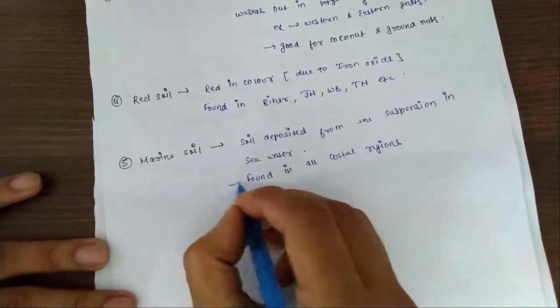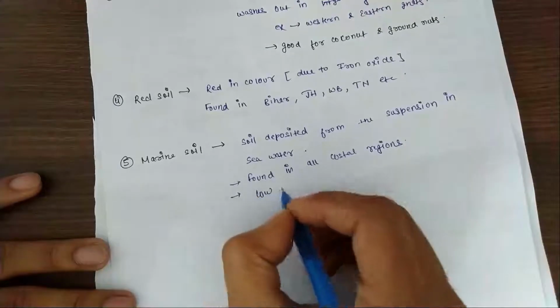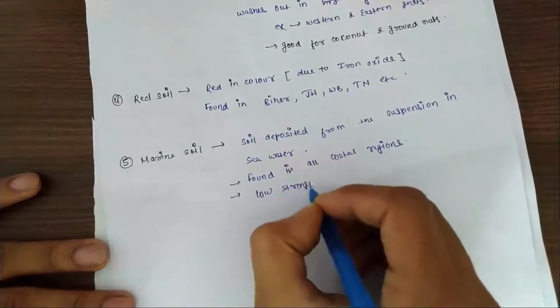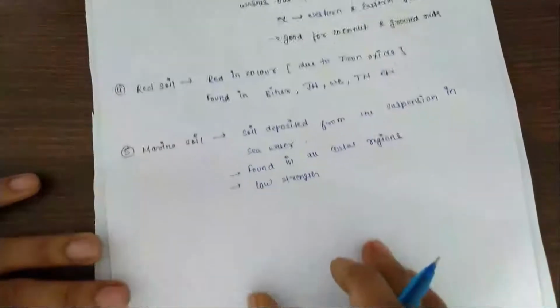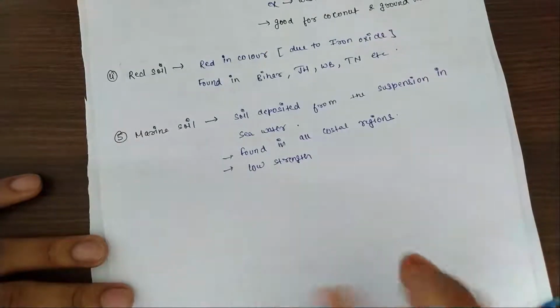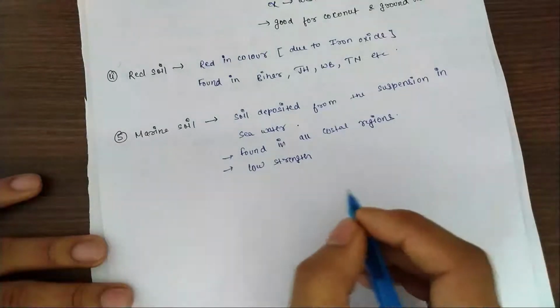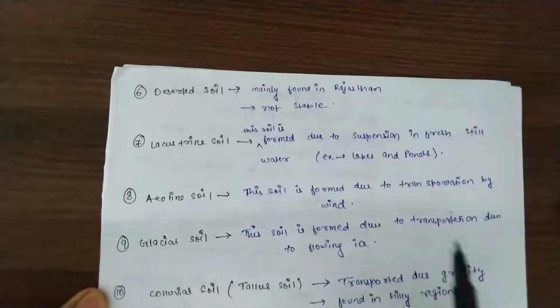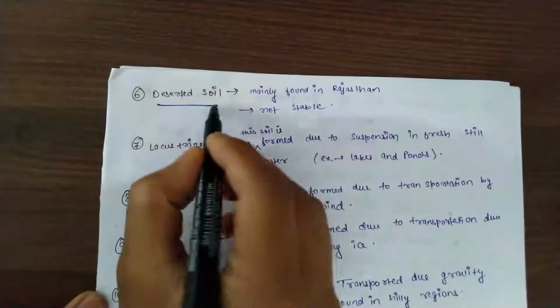This type of soil has low strength, so we don't consider it for construction. Then the next type of soil is desert soil.